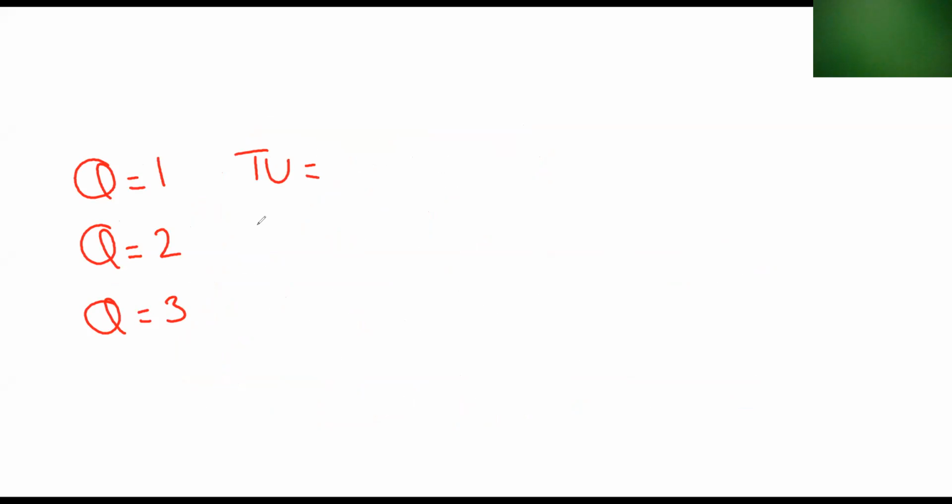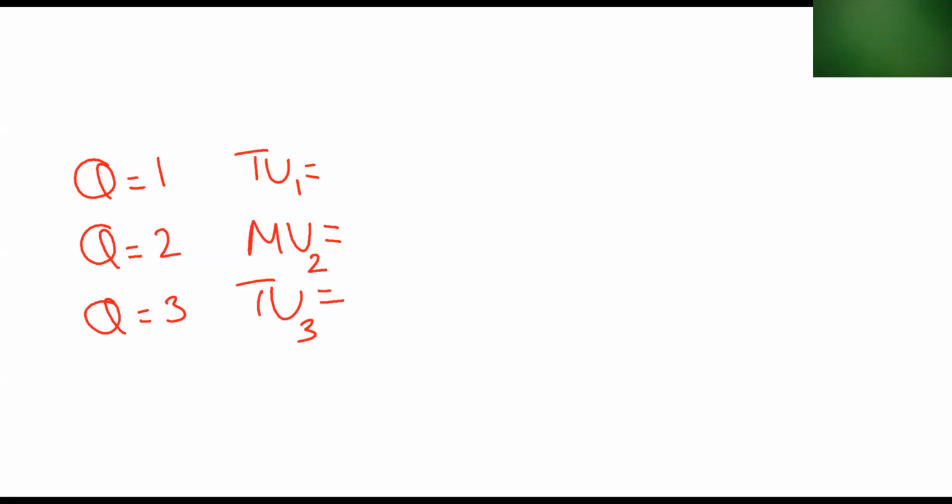I do not have the TU for my quantity number 2 or for the second cup, but I do have the MU, and then I have also the TU. So I'm going to call this TU1, this is MU2, and this is TU3. The question is asking us to calculate marginal utility for the third cup, so we need to calculate TU2, total utility for the second cup.